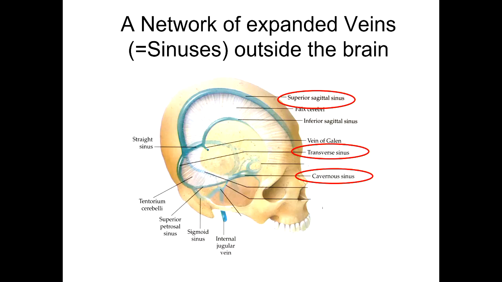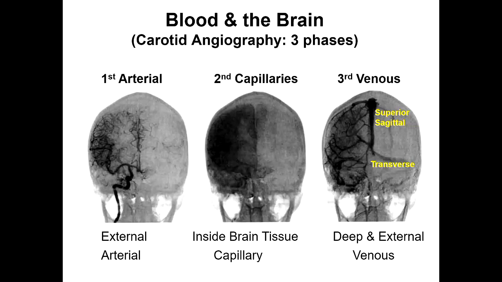There is a technique for examining whether blood is flowing properly through a person's brain, and it's called carotid angiography.